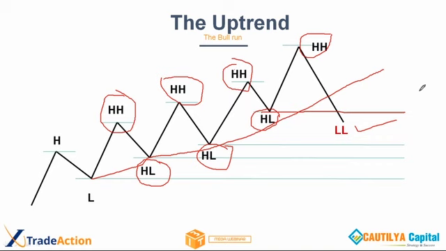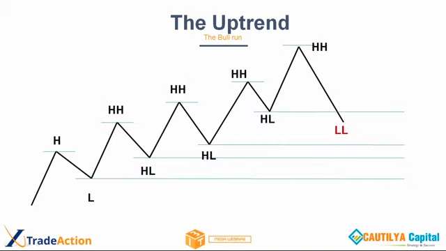Shorting below the lower low, no way. I will never short below a lower low. If you ask me personally, I would like to short here at this point. So we will discuss it in the upcoming discussions.